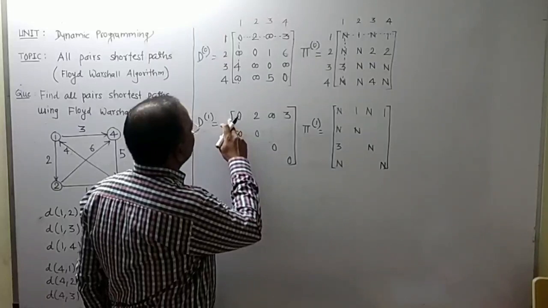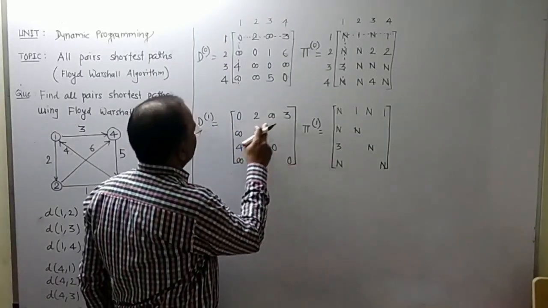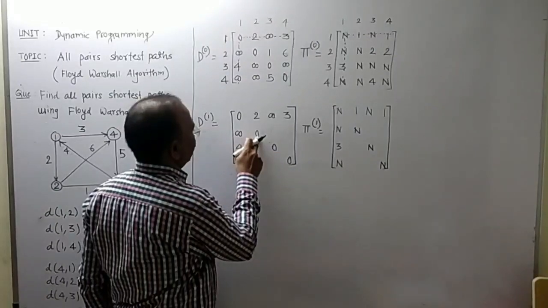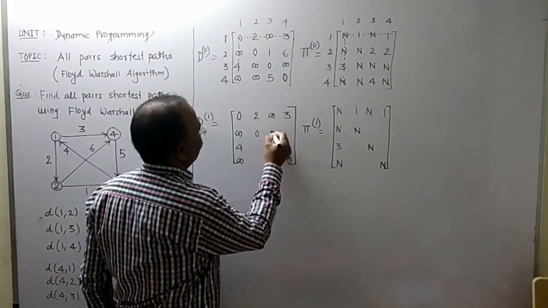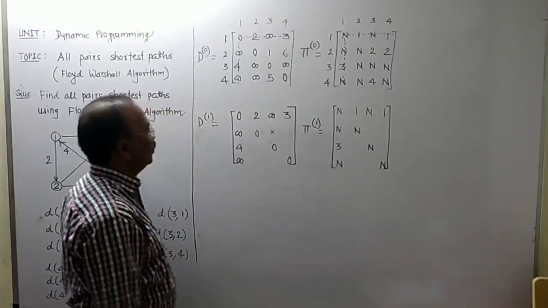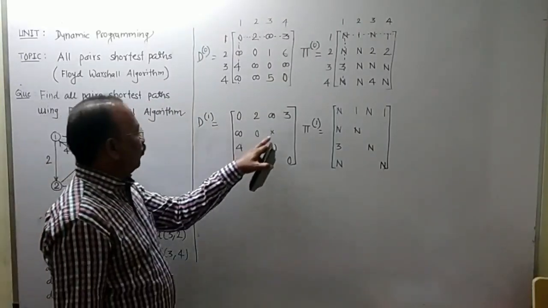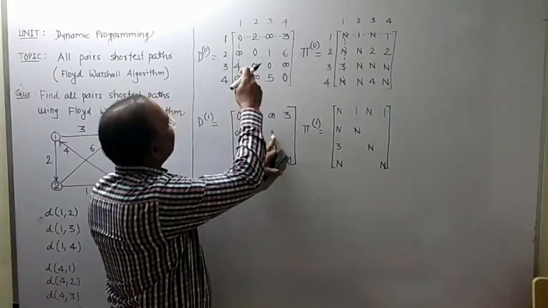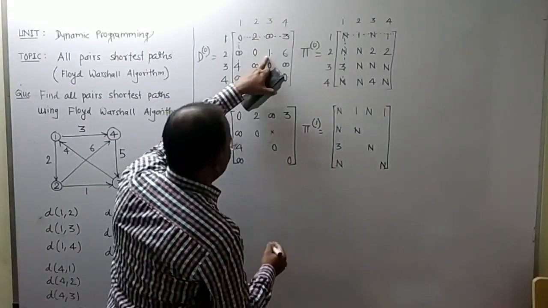So the first row is already written. Now check the second row. In the second row, the first value and the second value are written. Now we want the value at this place. For this, we have to track the same place in D1. The first value we have got is 1.